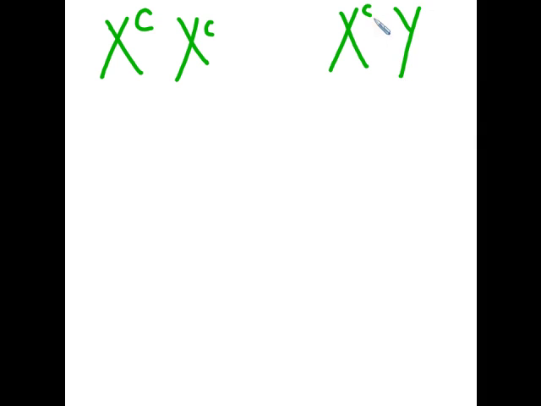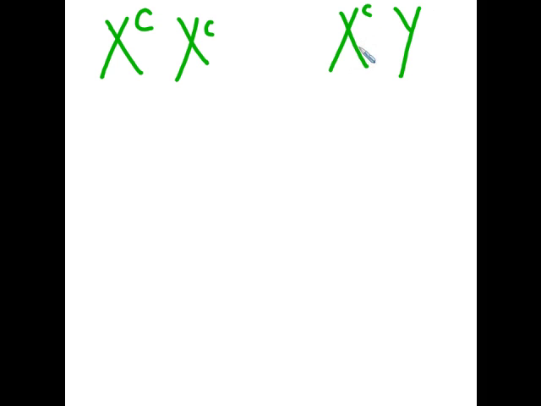Now let's look at an example where a mother is a carrier. This is how we will represent her. The father, as given in your book, is colorblind. He has only one X chromosome, so if that has the gene, he becomes colorblind.